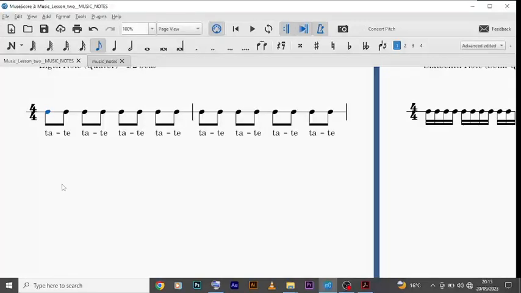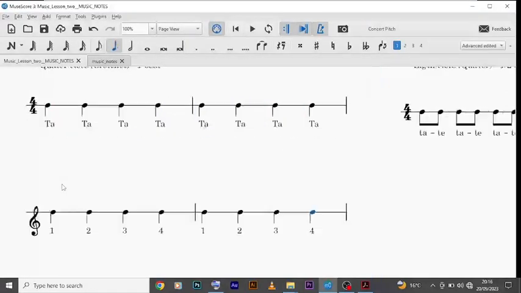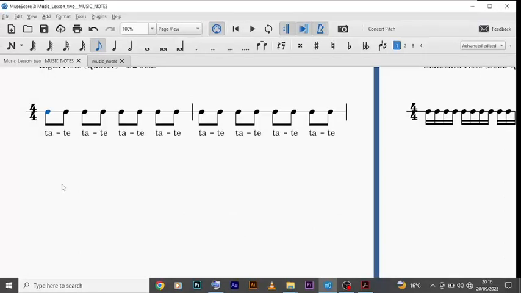So this would be ta te ta te ta te ta te. I hope this is clear and easy to understand. And I hope you can see where the ta starts from, the way we have combined them. 2 quavers are equivalent to 1 crotchet.